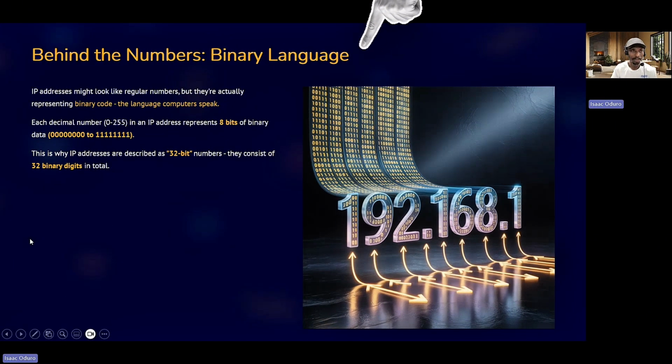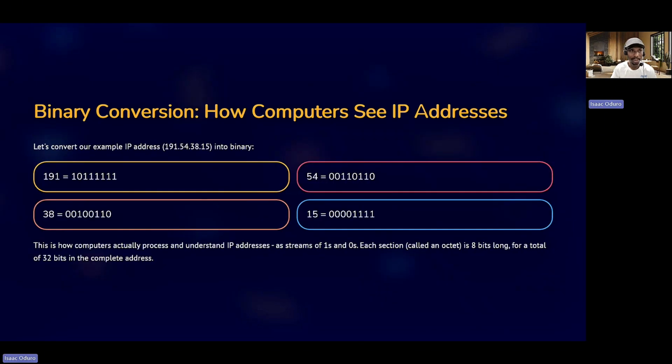Then we'll look at what is behind the numbers, which is the binary language of an IP address. I'll take time to explain all this for your basic understanding so that you know how these numbers are used in an IP address by your device.